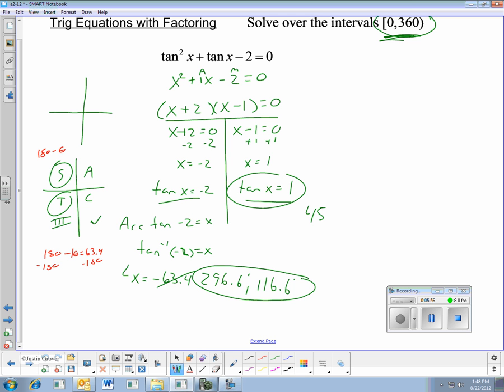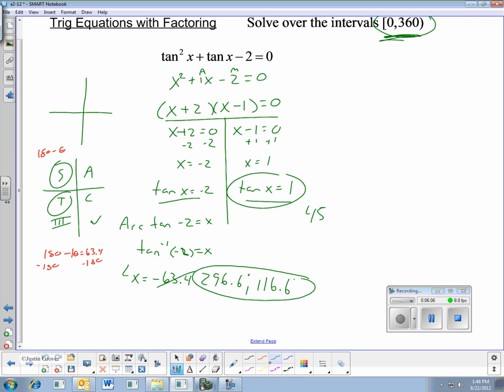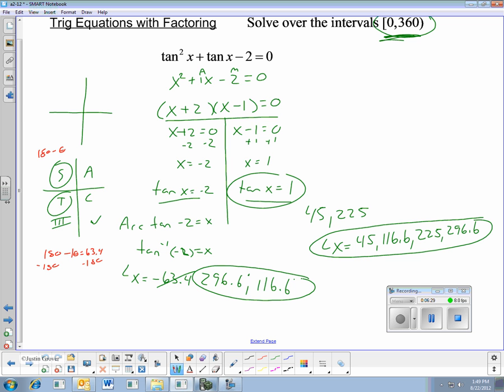That's a reference of 45, and I could just add 180 to that to get that value. So plus 180 is 225. A lot of times to find these other angles, you're adding 180, you're subtracting 180, and so on. But I want to put all this together. Angle x is 45 degrees. I'm going to go low to high: 116.6, 225 degrees, and 296.6. We got 4 total answers.